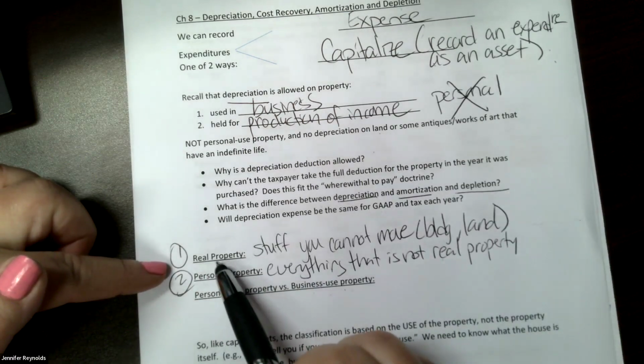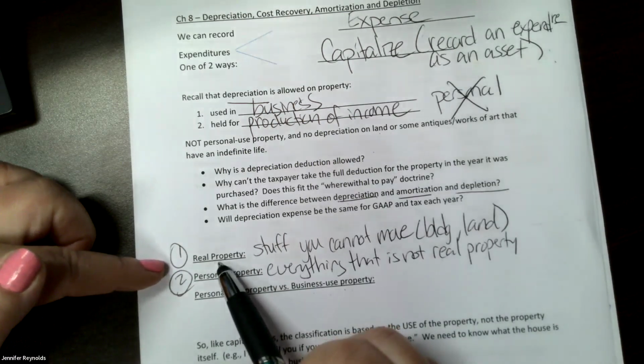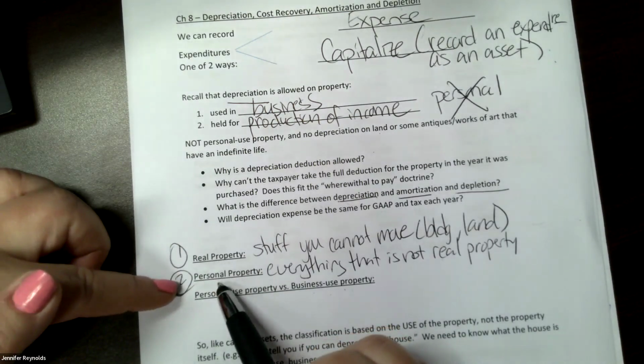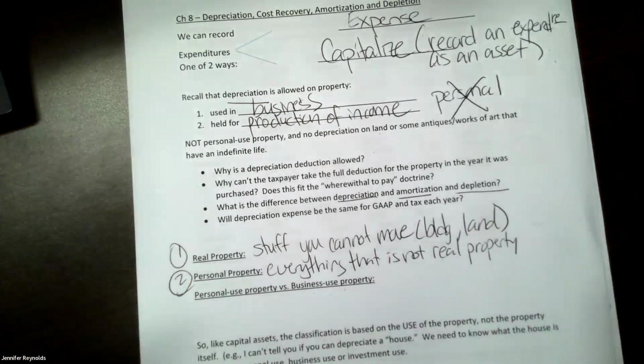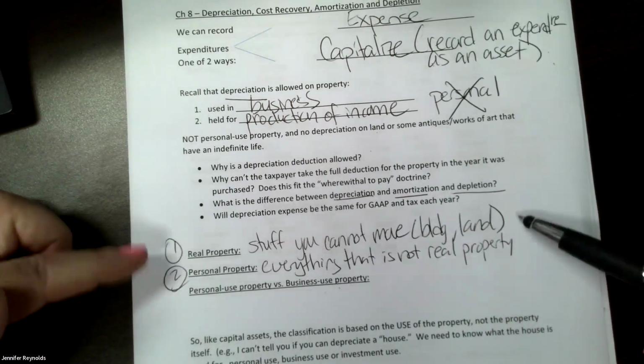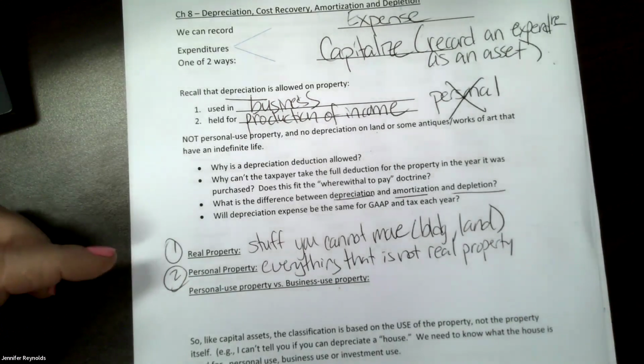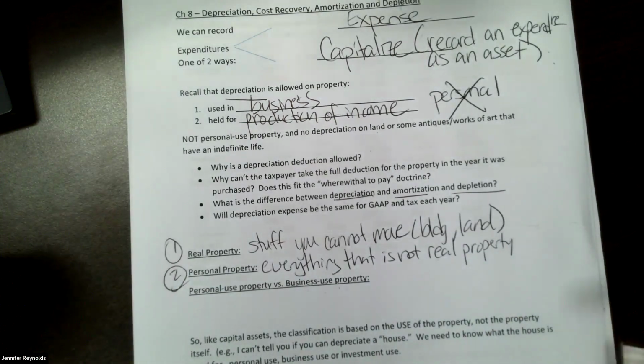And that's where y'all should have put your real estate taxes. But some of you put it down with personal property taxes instead of the real property. So let me know if you have questions about that. You really need to quiz yourself and go through some examples to get that down.